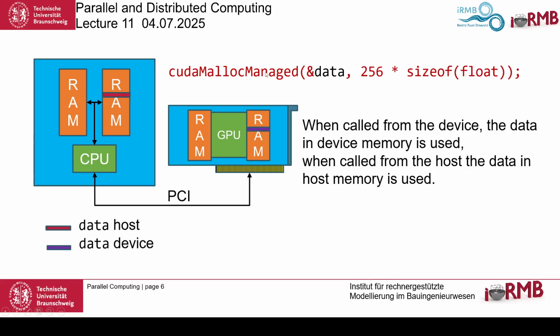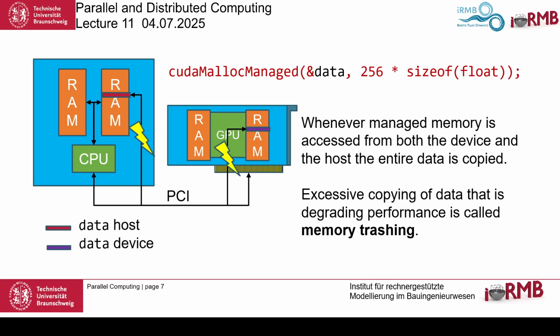If you use managed data, then you have only one pointer in both places. So this will be interpreted in a different way depending on from where you call it, and this will lead to so-called memory trashing. This is something that you want to avoid.